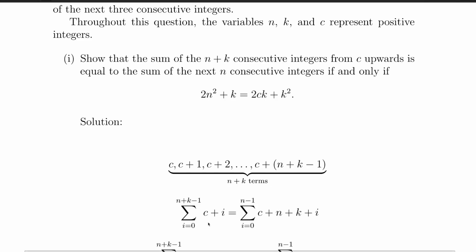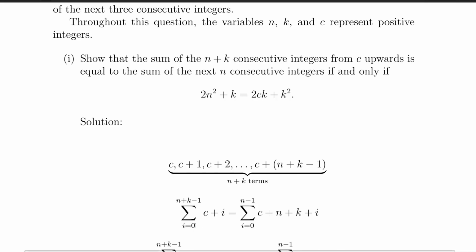And the idea is I wanted to use the sum of the first n consecutive integers, right? Which is equal to n times n plus 1 over 2. But the thing is, you need to start at i equals 1, right?